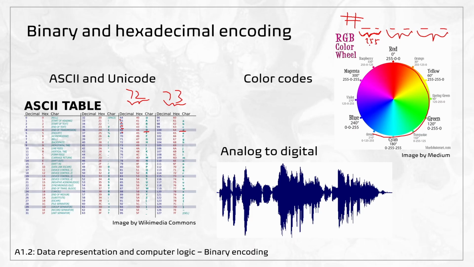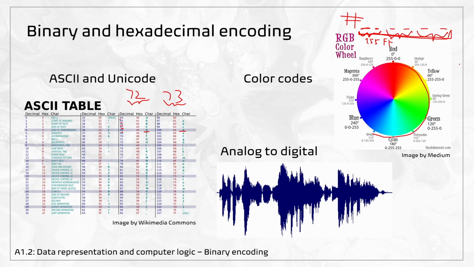And 255 is FF in hexadecimal, which is the maximum hexadecimal number which can be represented in 2 digits. So if we have 2 digits for each color, this will total up to 6 digits. And with this combination, you can represent any color that can be visibly represented onto a screen.